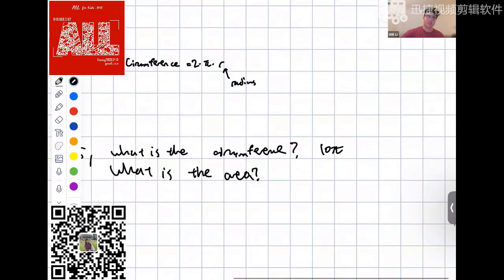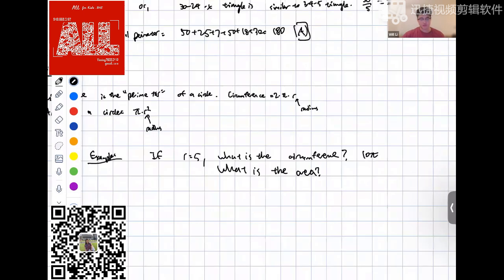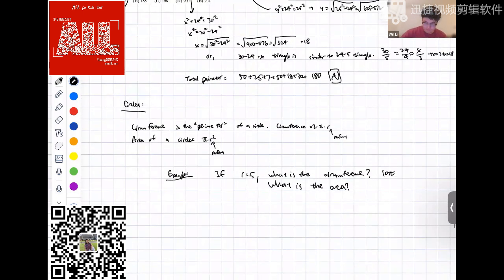You can just write it like this because on the exam it's gonna look like 10 pi. They're gonna give you like 12 pi, 7 pi, or whatever. And what's the area? 78. It is, yeah, but just say it in terms of pi. 25 times pi. Yeah.